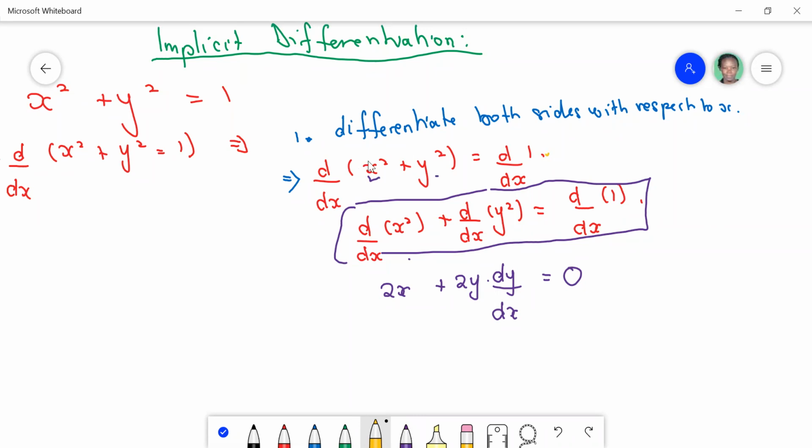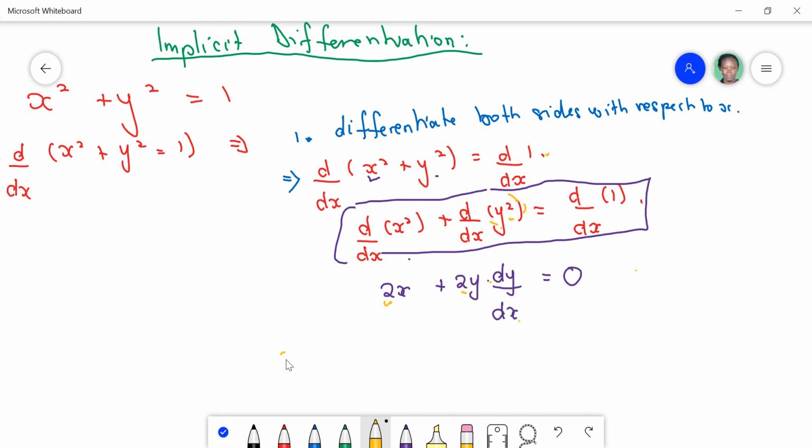This is already a function of x, so if I differentiate with respect to x, I have this. This one is a function of y, so you differentiate with respect to y, then I have 2y times dy/dx equal to 0.